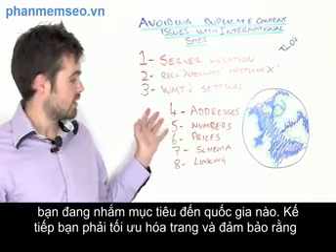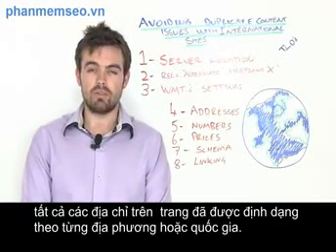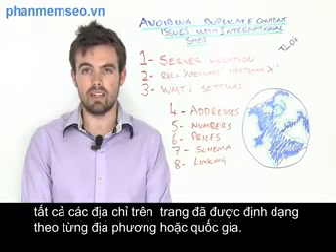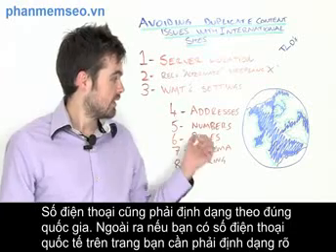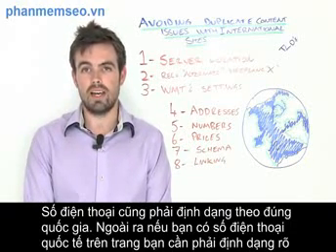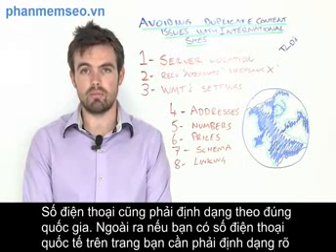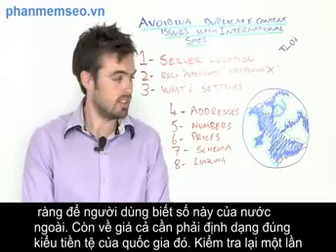The next few things are on page, and where possible you should make sure that all the addresses on the site are within the local format or the local country. Next thing is to make sure all telephone numbers are in the local format, and also if you do have to have any international numbers or anything like that, then to make sure that it's very obvious that they're the international ones.